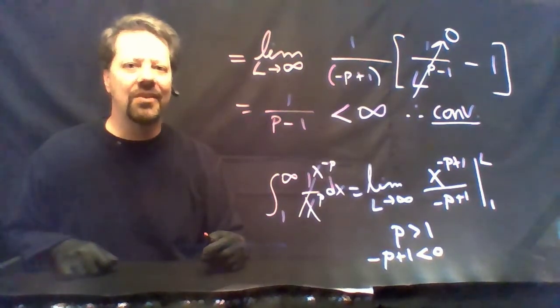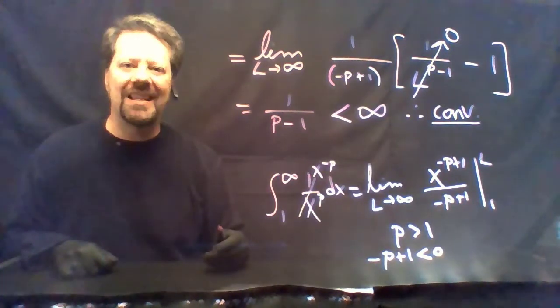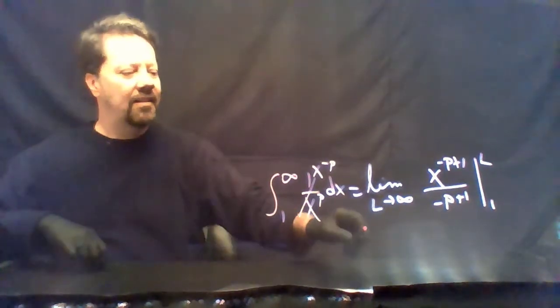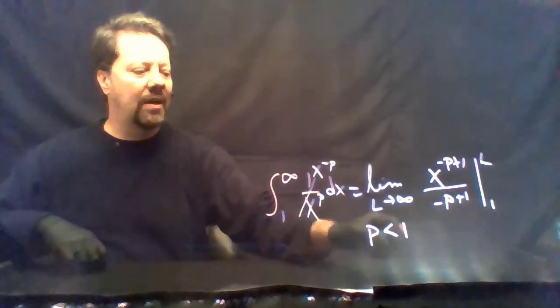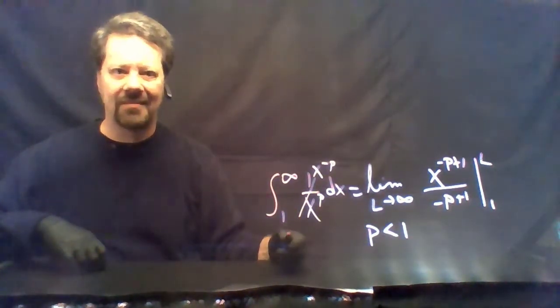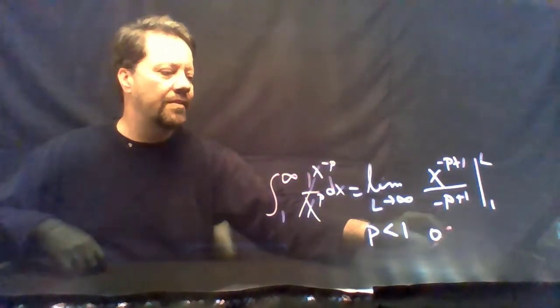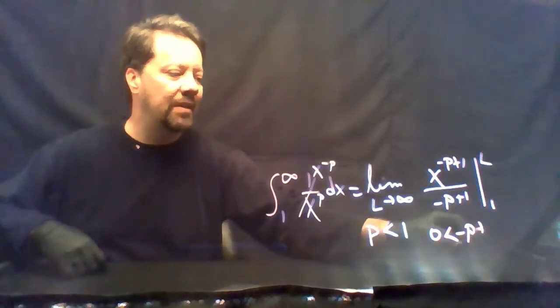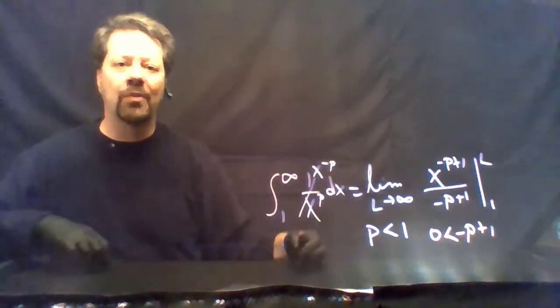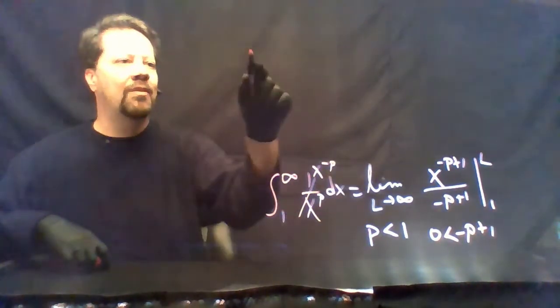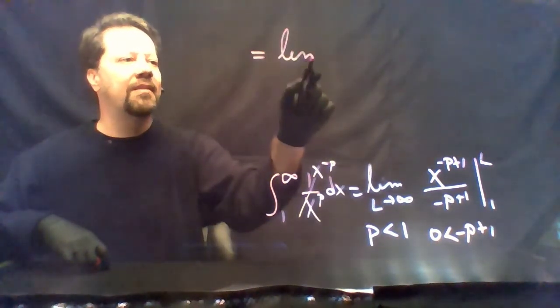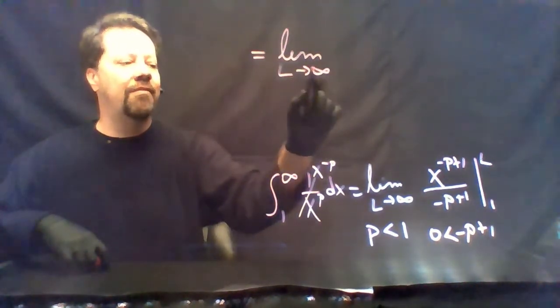There's still another case to consider. What happens when P is less than 1? If P is less than 1, we may still use the integral test. But in this case, if we move this over, 0 will be smaller than negative P plus 1, and hence the exponent will be positive. We'll have to rewrite this as the limit as L goes to infinity.